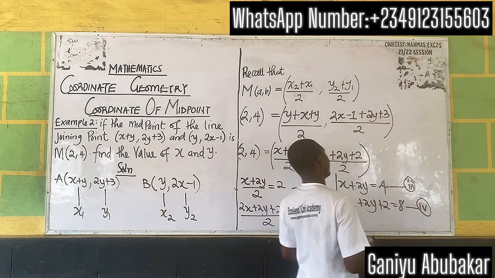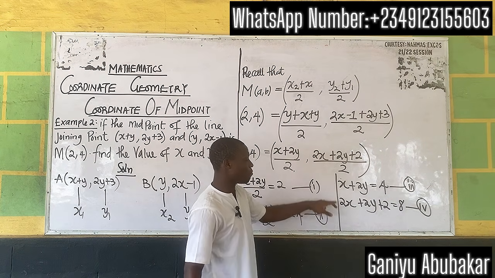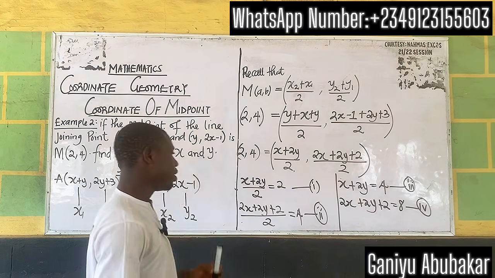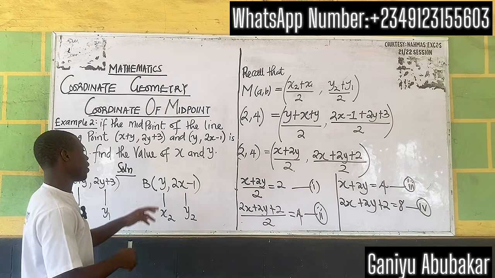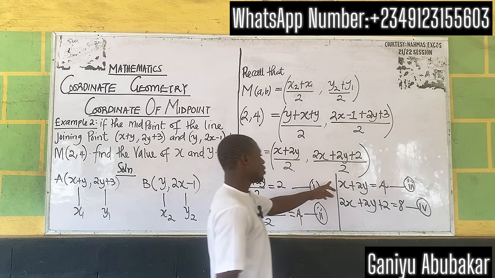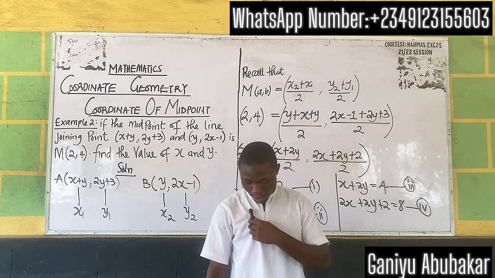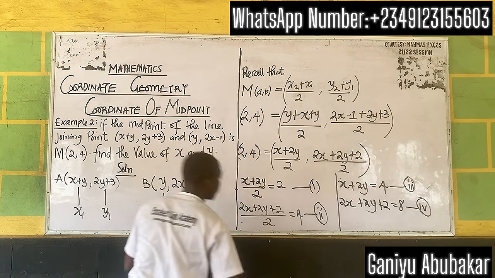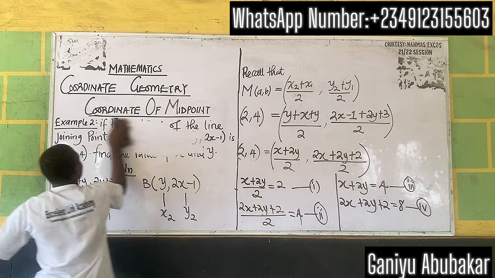All right. So I'll pick up equations 3 and 4 and solve them simultaneously, because we are asked to find the value of x and y. So I'll solve equations 3 and 4 simultaneously to have the proper value of x and y.